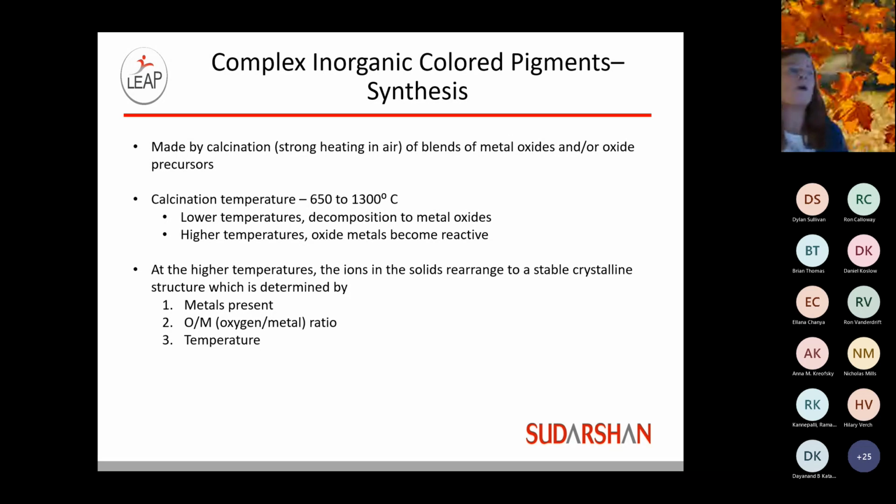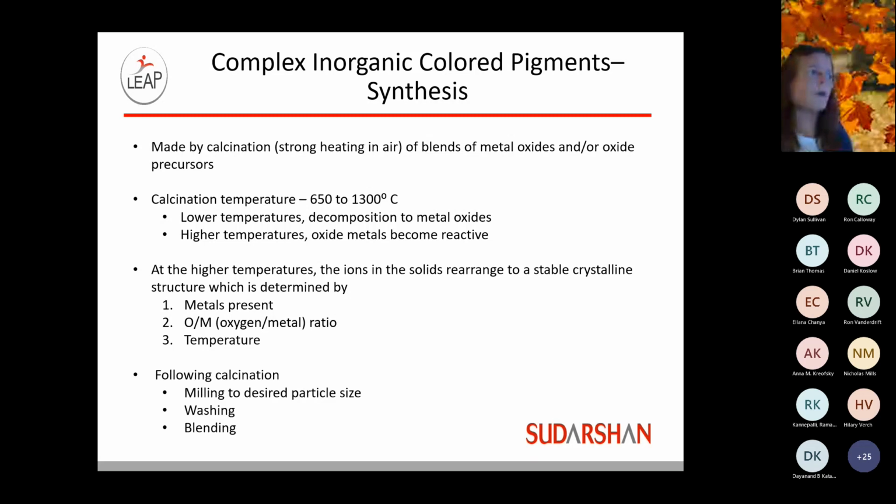Again, that goes into the part of the formulation, as well as that kiln temperature near the end where the final conversion is made. And that is more process oriented. And then once it's calcined and created, the product is then milled to the appropriate particle size. It is washed and then blended into the final lot.